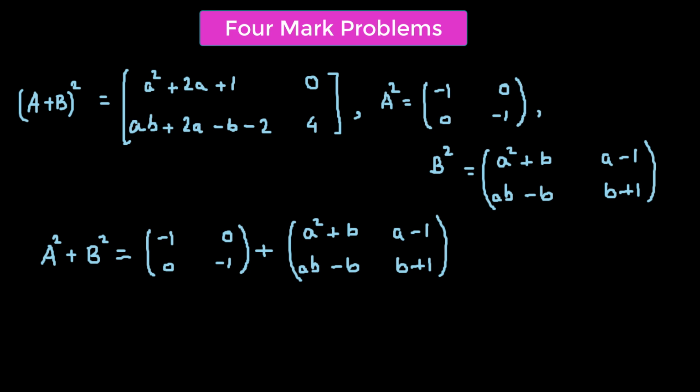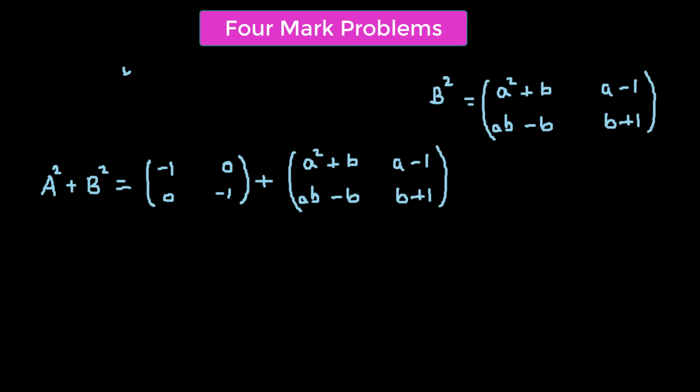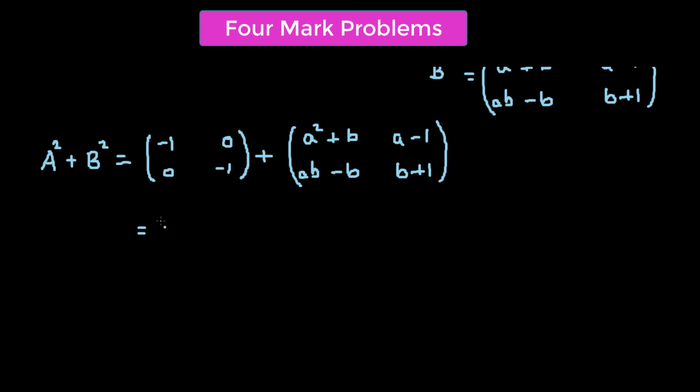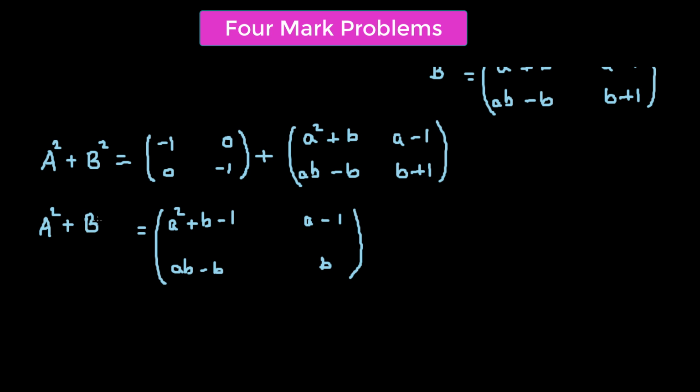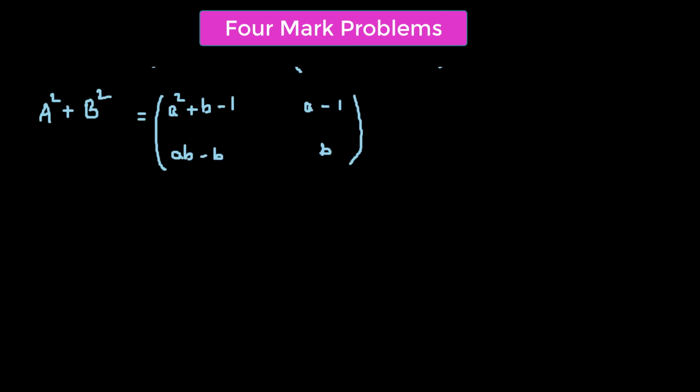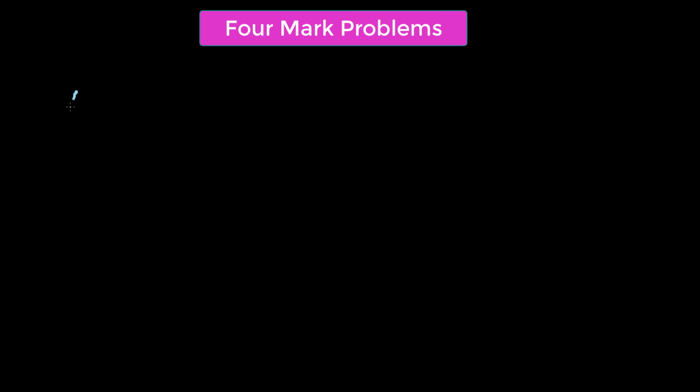Let's keep it a little closer. So this should give us a squared plus b, minus 1, a minus 1, ab minus b, and simply b. So we have the value of A squared plus B squared. Now, in our original question, it was given that (a plus b) whole squared is equal to A squared plus B squared.